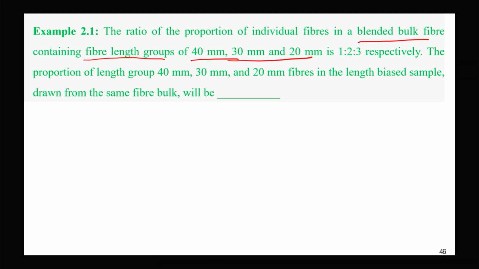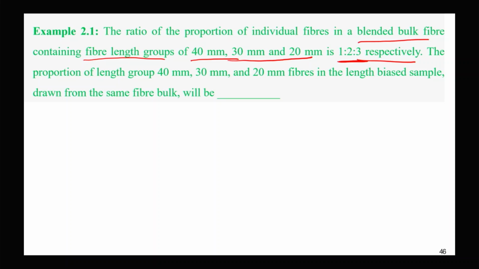Three different fibers are blended with the proportion of 1:2:3 respectively. These fibers are blended. Now what we are doing, we are taking the random sampling.